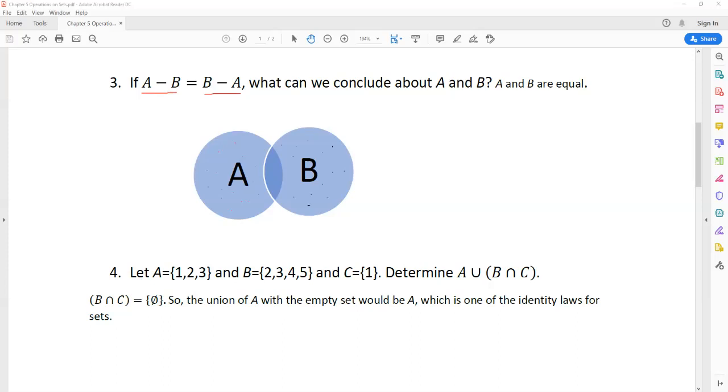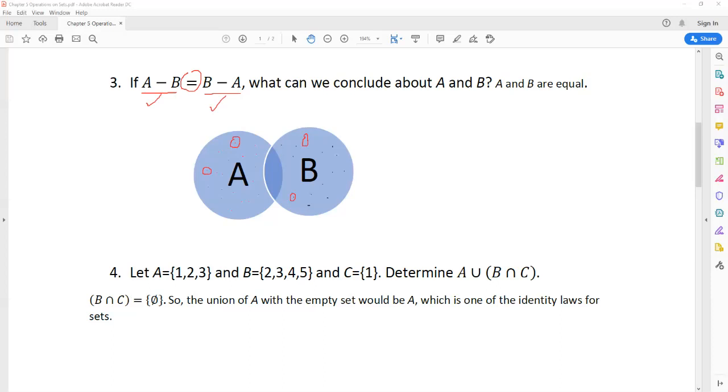And then I'm going to let these dots in the right crescent represent the elements that are in B not A. But we have to go back to the very beginning, because we have this equal sign here, which claims that the two sets are equal to one another. That means that any element that I can find in A not B, I can also find in B not A. I could continue to do this for all of the elements in both sets.